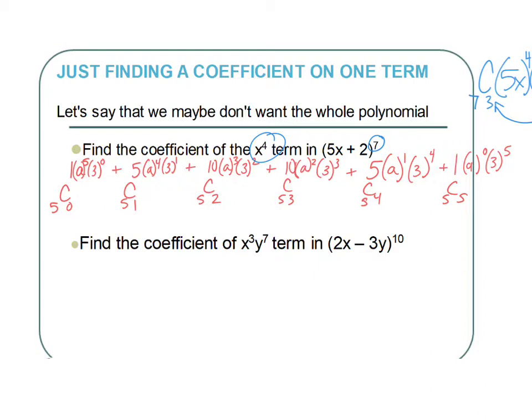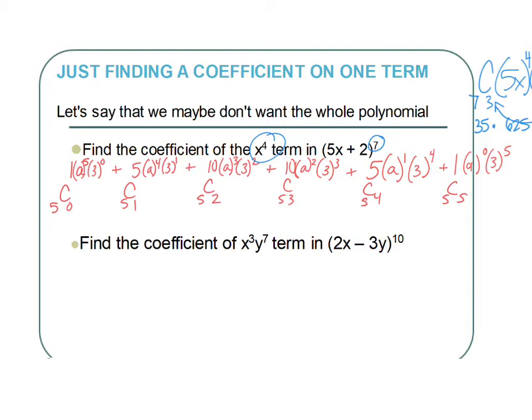So I know that that part of my answer is a 35, but it's also getting multiplied by a 5 to the 4th power. 5 to the 4th power is 625. And then I also have this 2 to the 3rd power, which is an 8. They're only asking for the coefficient, so I don't really include the x as part of my answer.